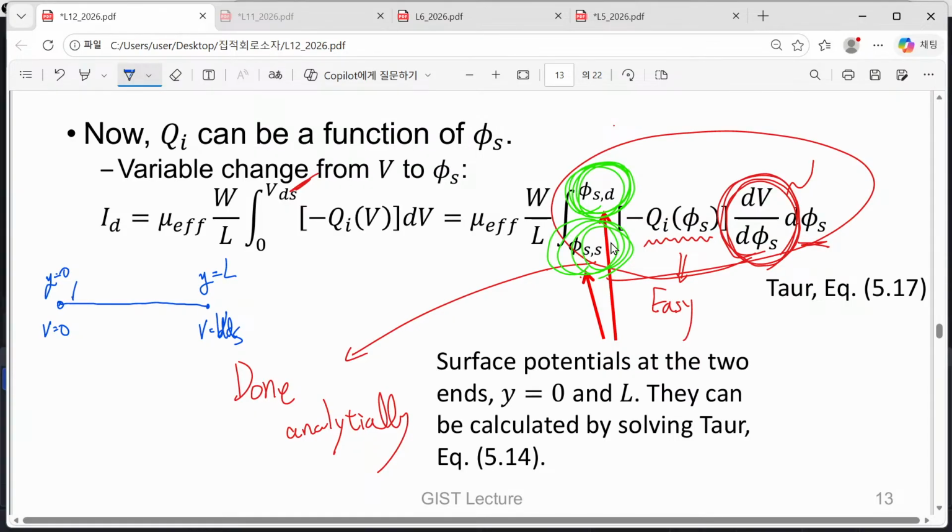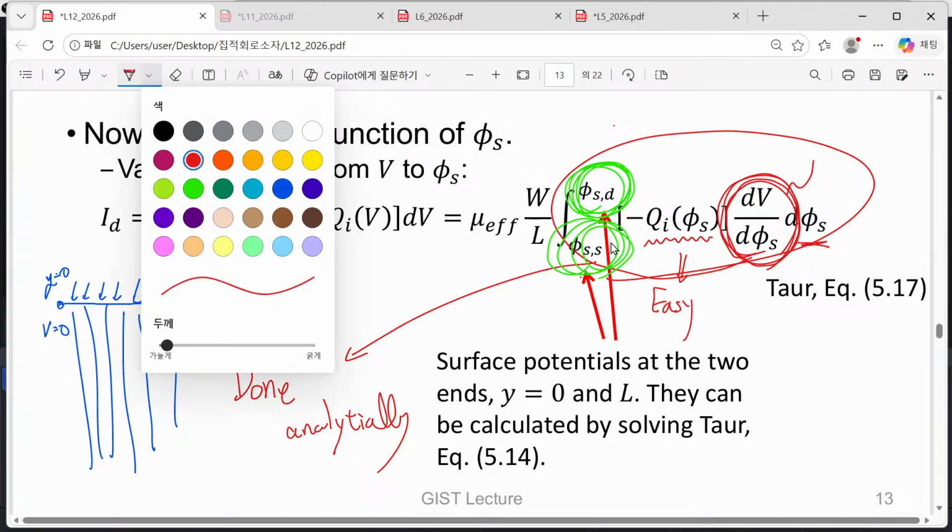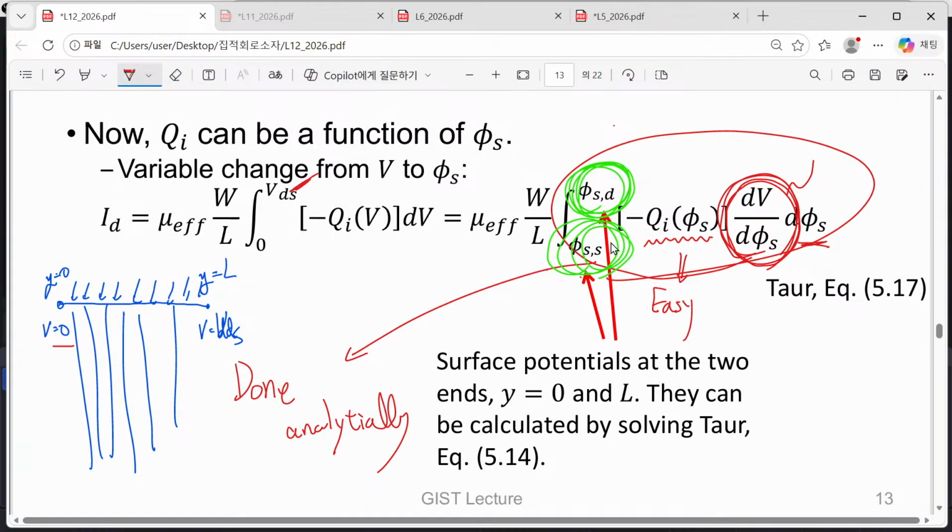Previously, you had to introduce so many internal values, calculate this MOS capacitor for every slab, and integrate these values. But now in this simplified form, the only thing you have to do is evaluate it at the source end, evaluate it at the drain end, and all other evaluation can be done in an analytic way.